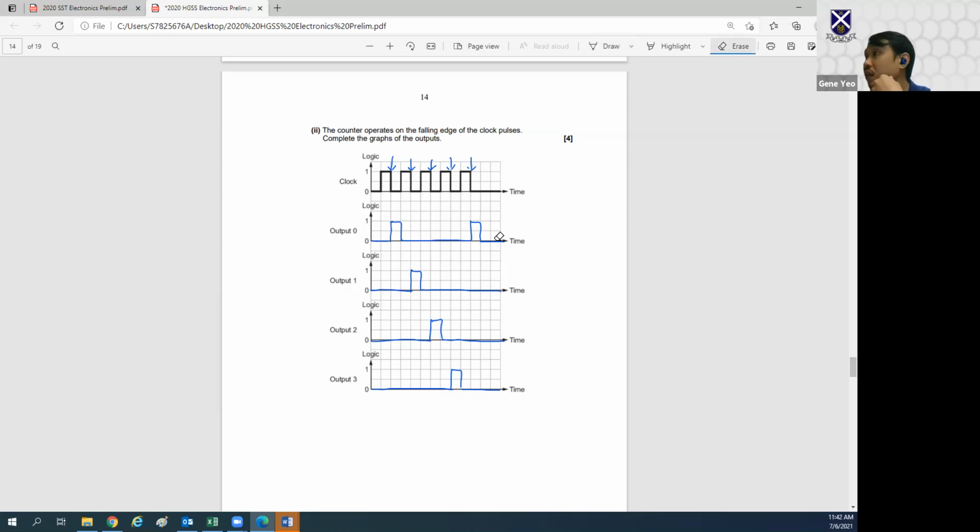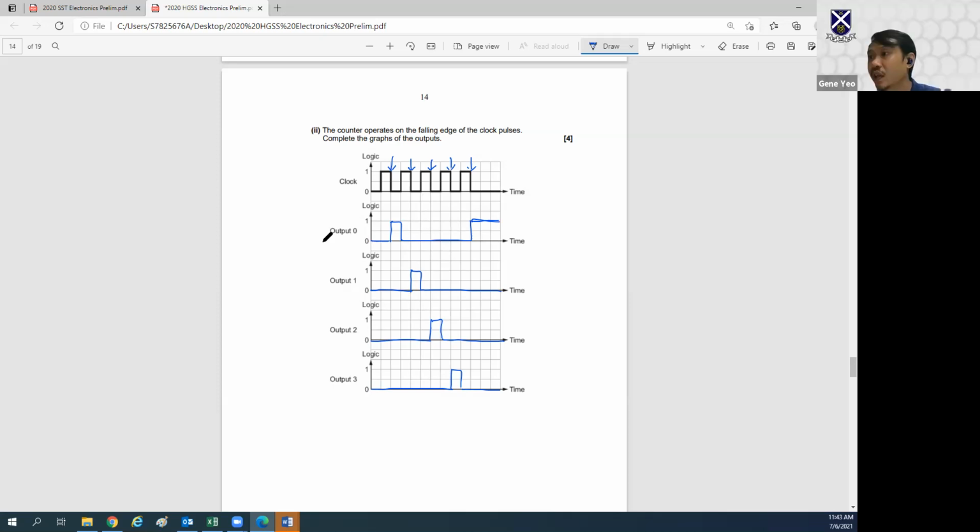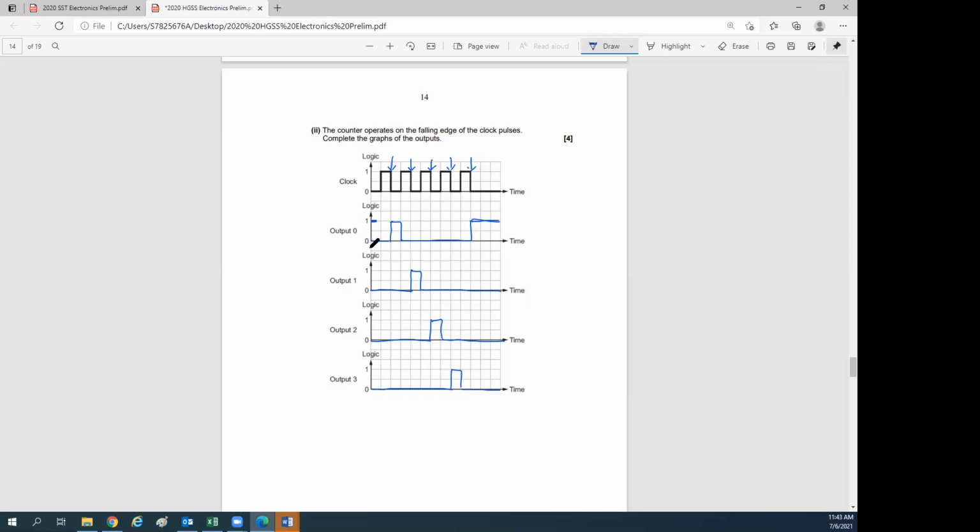It should stay as here. Wait, sir, I have also another question. Yes. Why is it not 0 at the start? Is it just like null? Why is it not a 0 at the start? Is it, as in, why is it not here? Yeah.